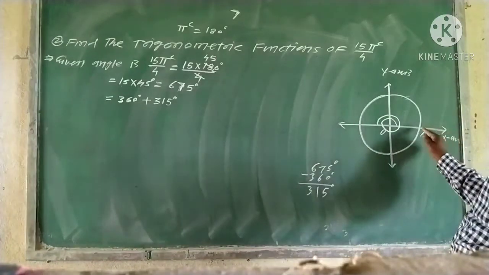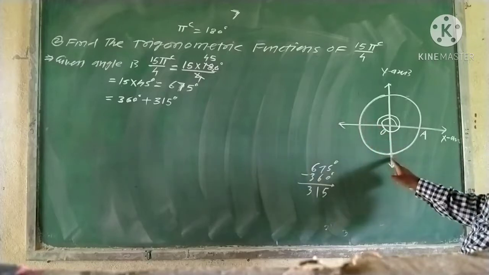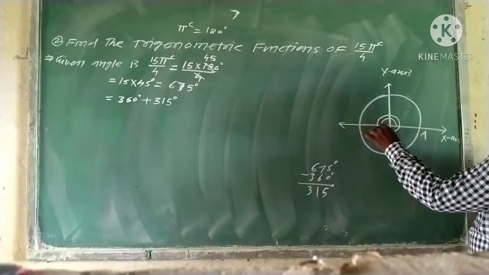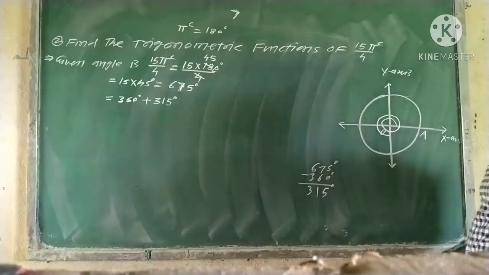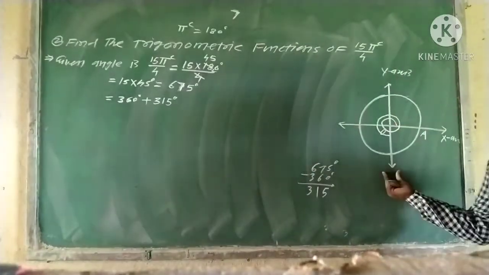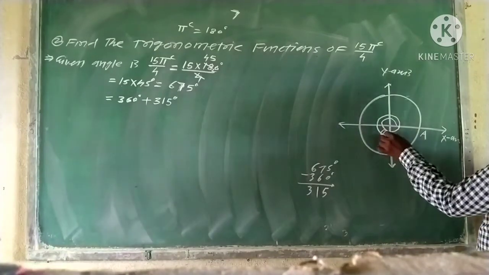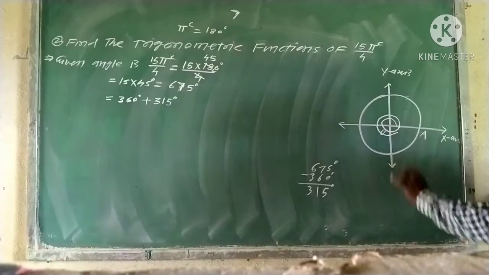We know 0 to 90, 90 to 180, 180 to 270, 270 to 360, and this angle 315 lies between 270 degrees and 360 degrees, which means our angle lies in the fourth quadrant.